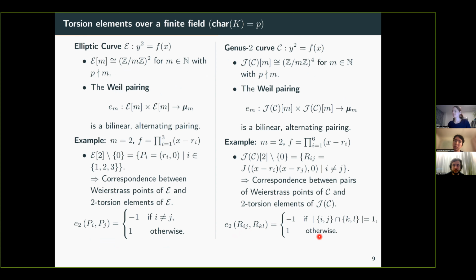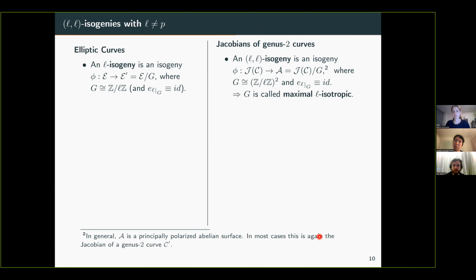Which then means that the Weil pairing is also trivial on the whole subgroup. And maybe I also included this condition here on the left for elliptic curves. That's because it's also a condition there, only that it's trivially satisfied by all groups, because for cyclic groups, the Weil pairing will always be trivial. So there's nothing happening there.